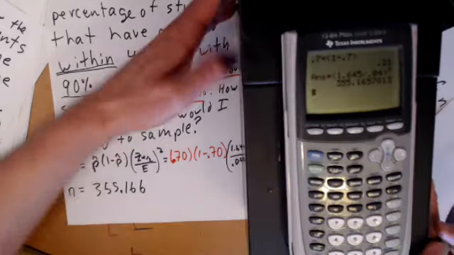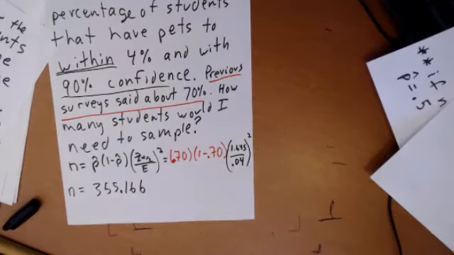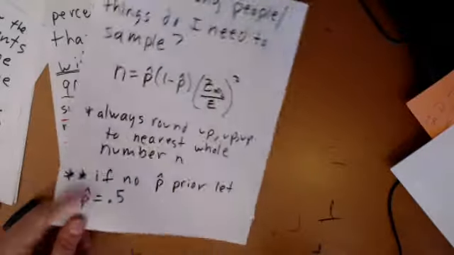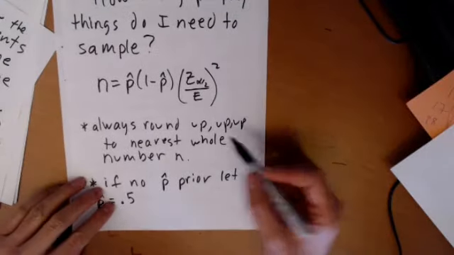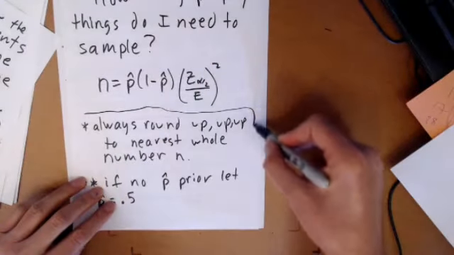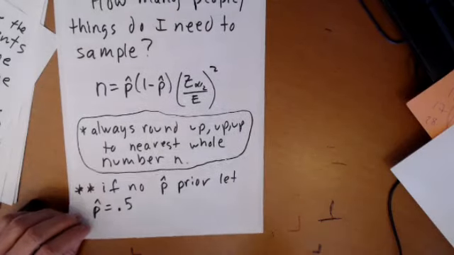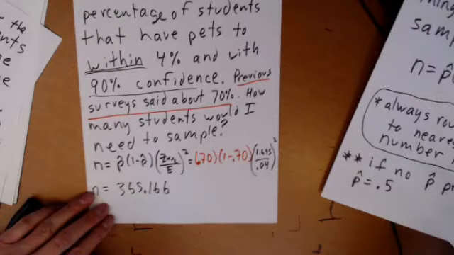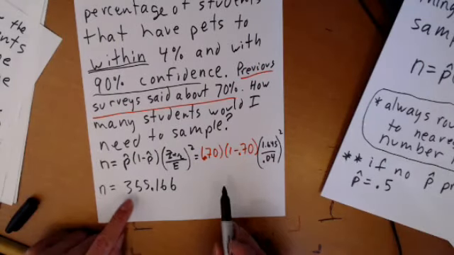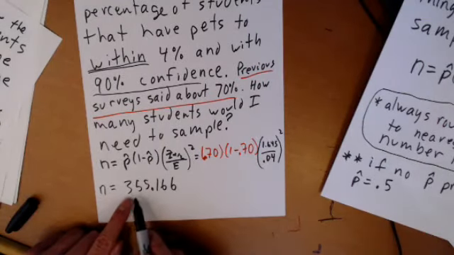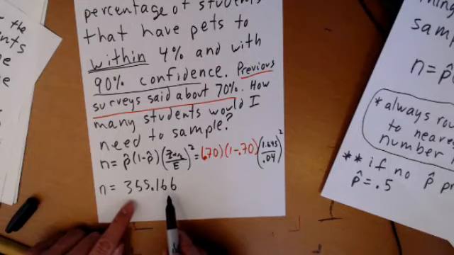Okay, now here's where it gets a little weird. Remember, we said always round up to the nearest whole number n. Okay, so we need to talk to at least 355.166 people.